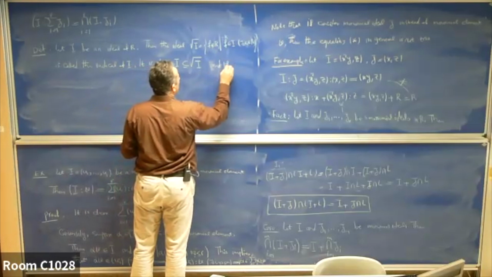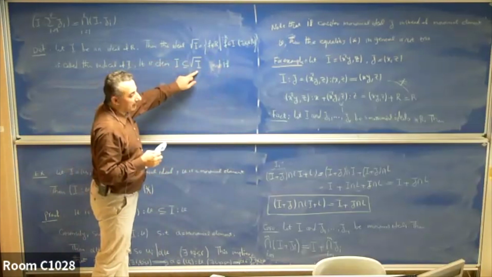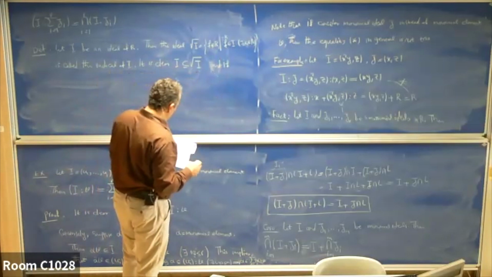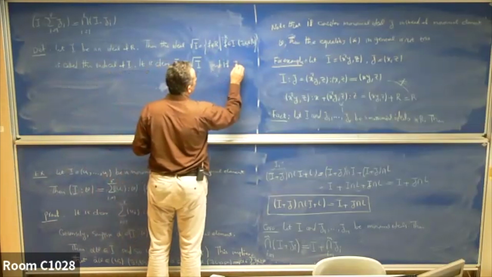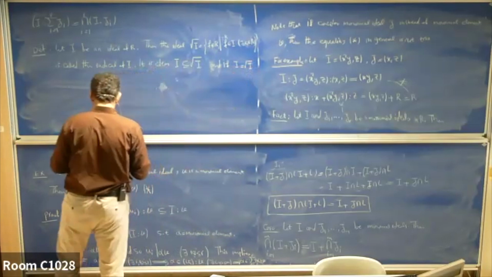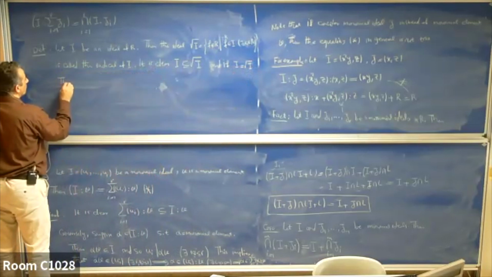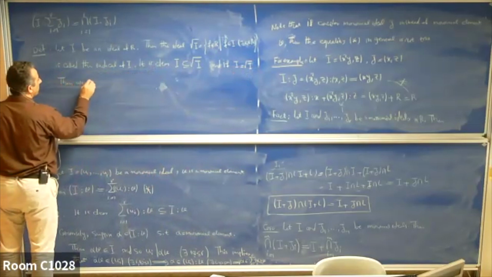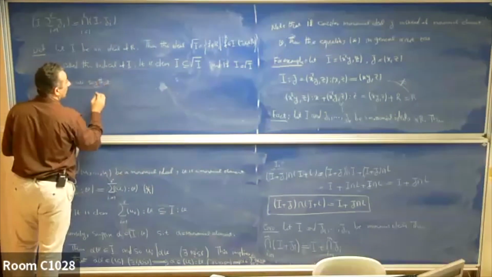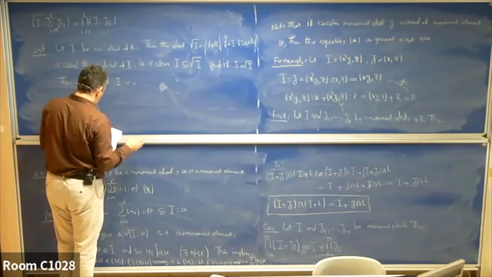And in what follows, we prove that the radical ideal of a monomial ideal is a monomial ideal. And if I is equal to the radical of I, we say that I is a radical ideal.